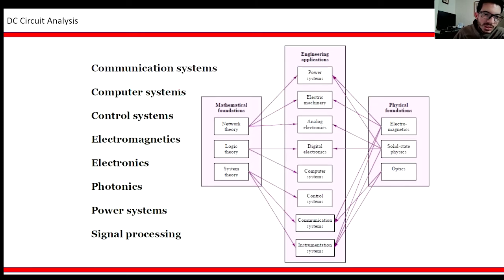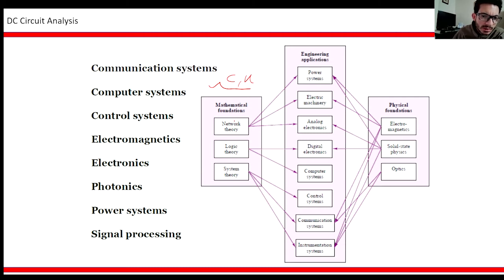But in general, I want to introduce the concept of engineering systems and engineering applications. So science and engineering are divided in basically three main regions. The mathematical foundations, which is what you learn in college and in university. So in college and university, you learn all the mathematical foundations and all the physical theory and all the chemical relationships and all the material science.